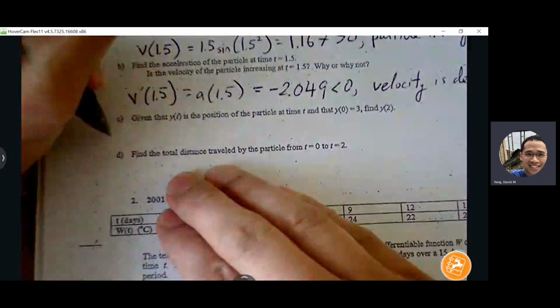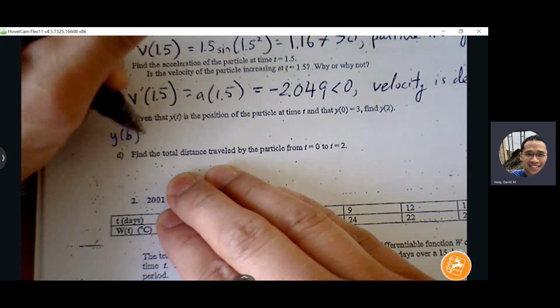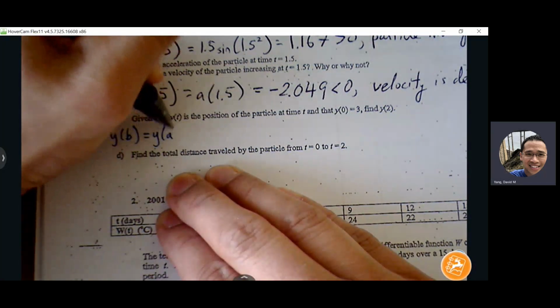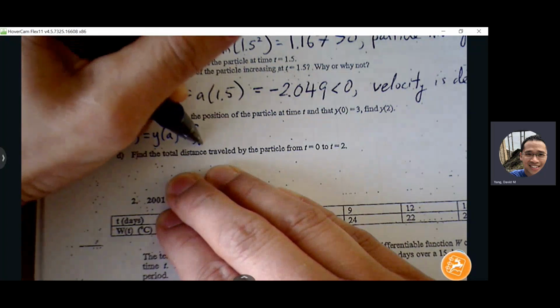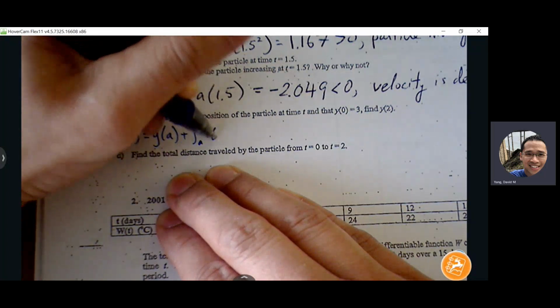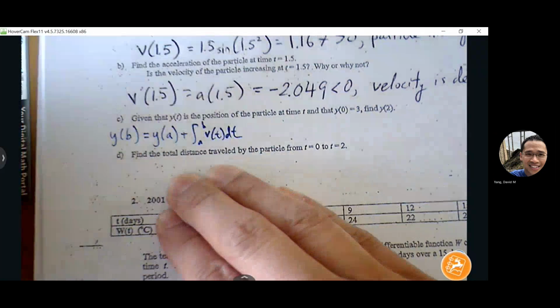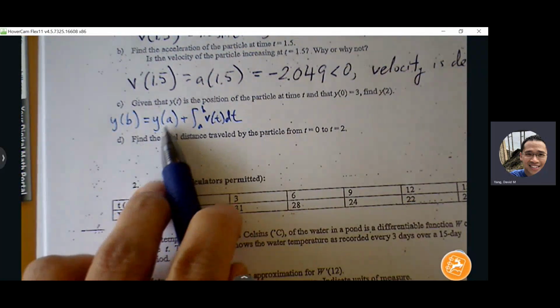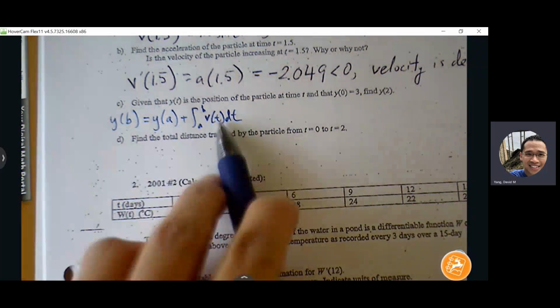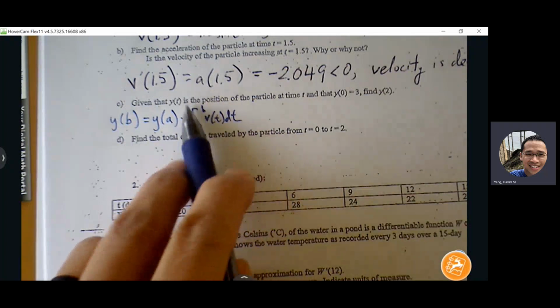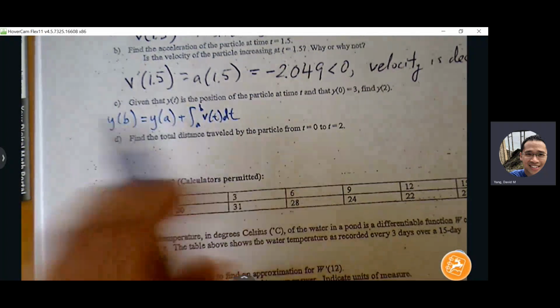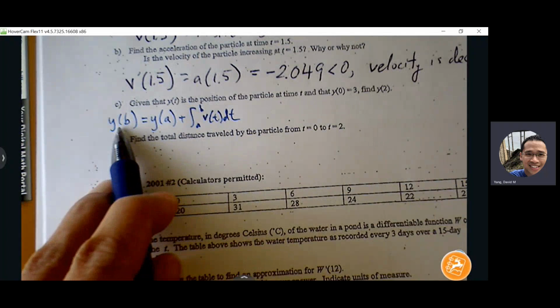If I adapt this into this problem, y of b is equal to y of a plus the definite integral from a to b of v of t. So if I know a starting point that the problem gives me, and if I know how much movement I make in that time interval, I can figure out where I'm going to end up.